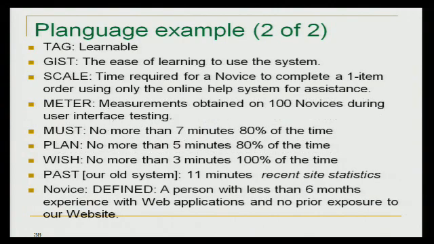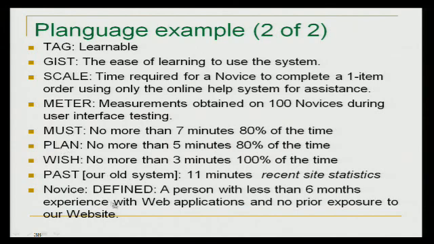But if I put it into a language, it really forces me down to the next level. So this thing's got to be learnable. So I'm focused on the ease of learning with this particular system, and you can read down through the rest of these tags in the language: the scale, the meter, how I'm going to measure it, and then the must, plan, wish, past, including the old system.